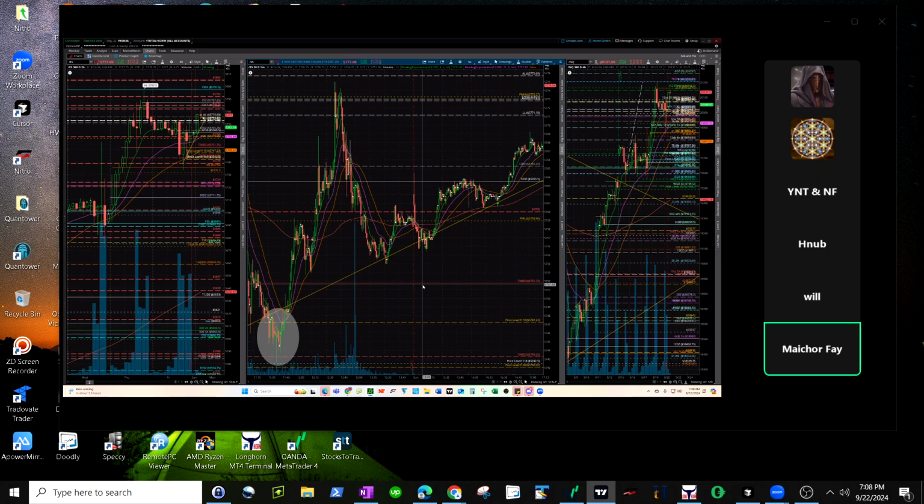Is scaling out better, or should I hold all five contracts to target? The probability of holding all five contracts to target is kind of low. I found that if I start taking profits along the way, even if it comes back and breaks even, I still make money. Sometimes if it does hit target, then I make more money. That's the only way I became more consistent.